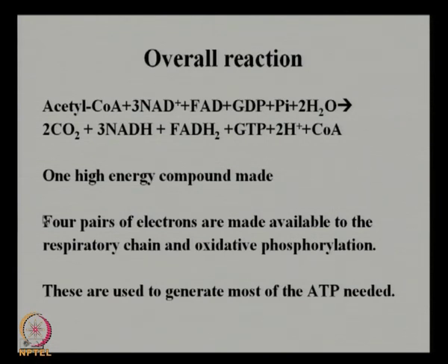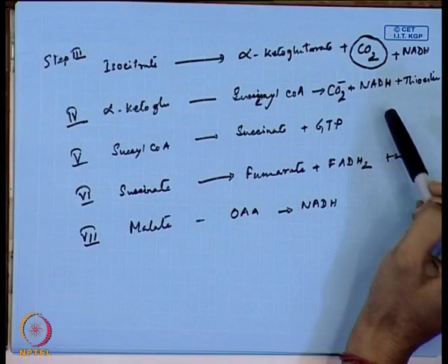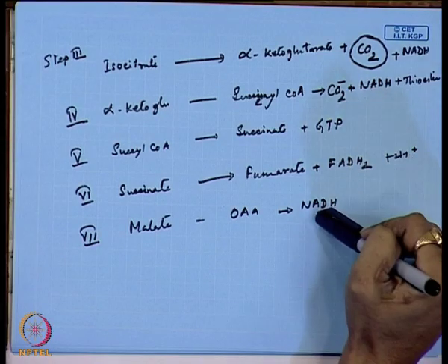If we see the overall reaction, we can write it like this: acetyl CoA and 3 molecules of NAD, because we can see that this is 1, this is 2 and this is 3.